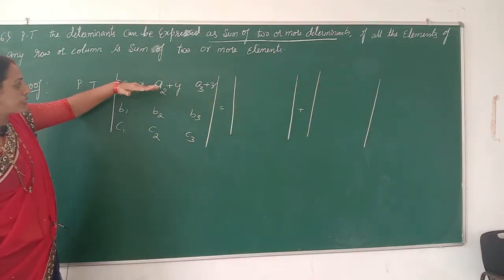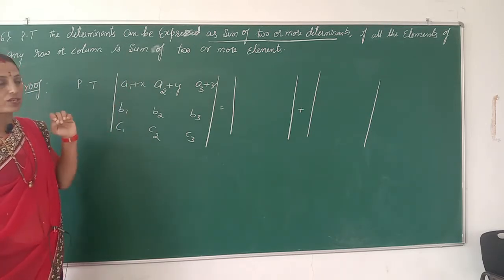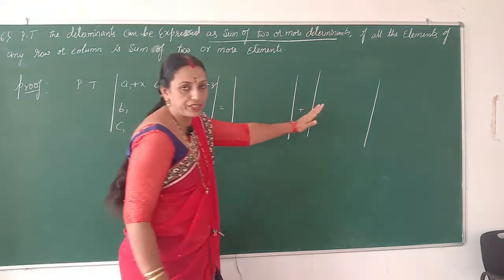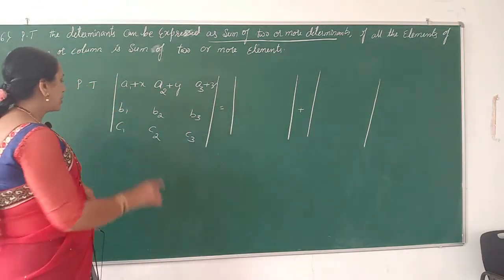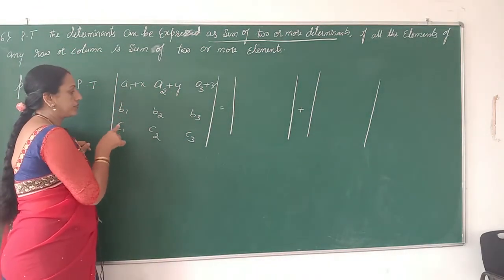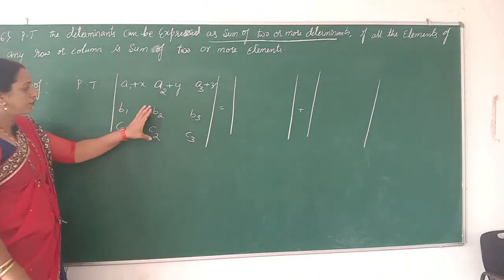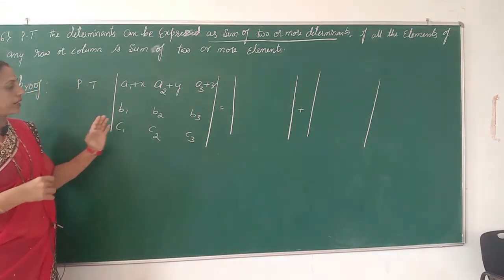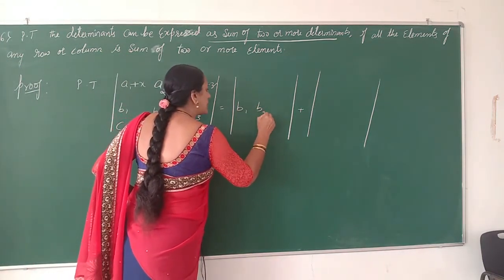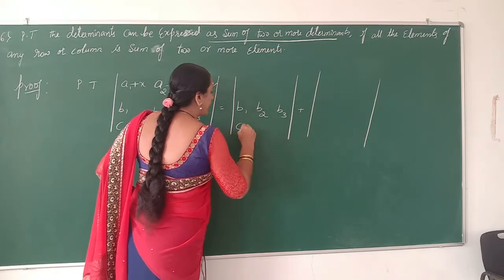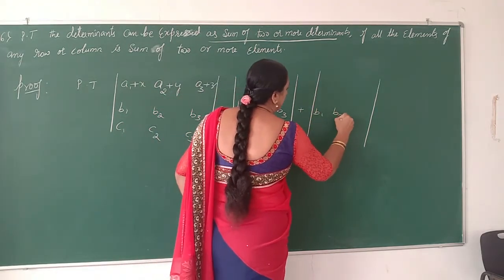The elements of the first row are a sum of two elements, and after expansion it is a sum of two determinants. The second and third rows are not altered, because these elements are not added to or subtracted from other elements, therefore these two rows are always the same in both of the determinants.